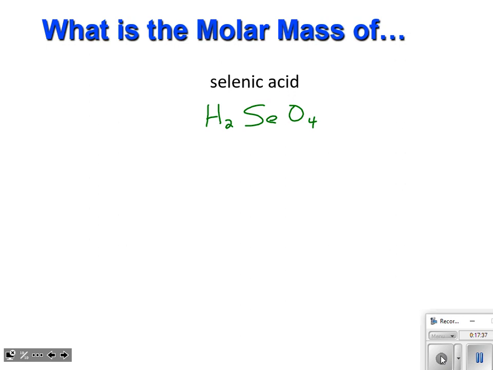Now, that leads me right along. Same thing, H2SeO4. 2 times 1.0079 gives me a value of 2.0158.